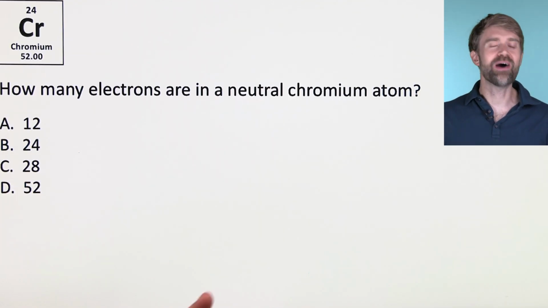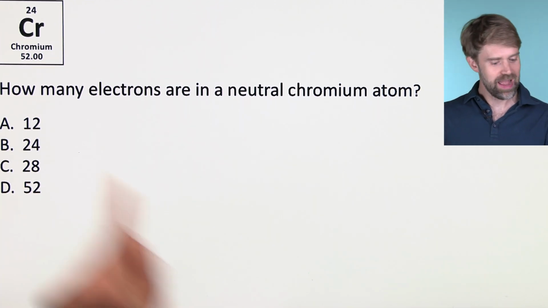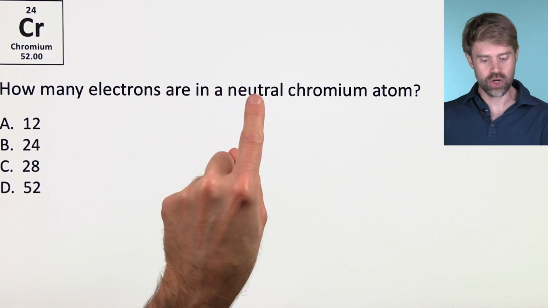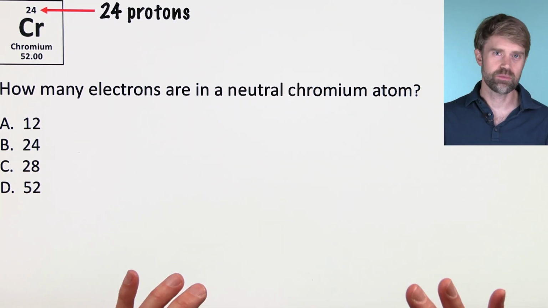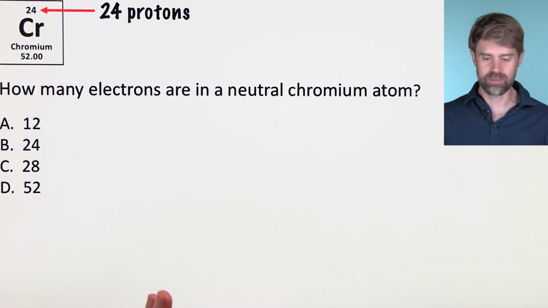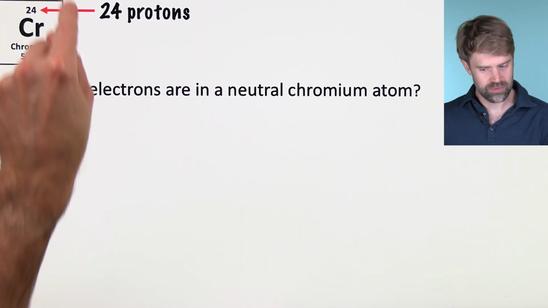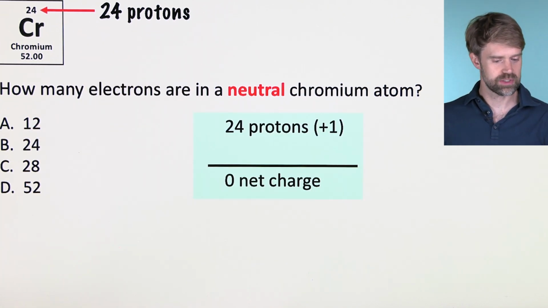Now, using what we've just learned, you're already ready for some TEAS questions. Let's try this one. How many electrons are in a neutral chromium atom? The first thing we do is we look at the atomic number. Chromium has atomic number 24, and that means that it has 24 protons in its nucleus.